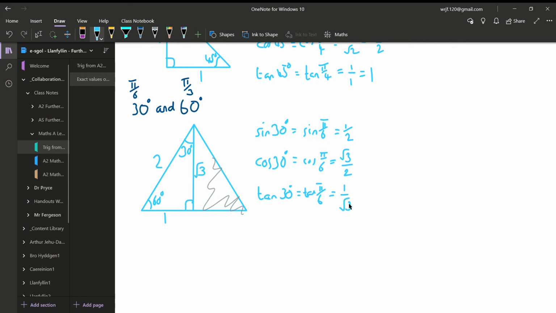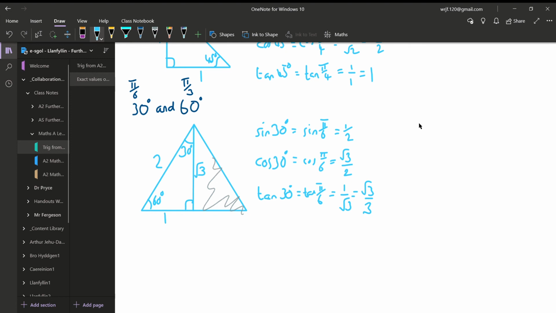And as again with the 45-degree ones, we might want to rationalise that. Sometimes you'll leave it as 1 over root 3, but you might want to rationalise the denominator there and make that root 3 over 3. And so there's our 30-degree angle exact values.